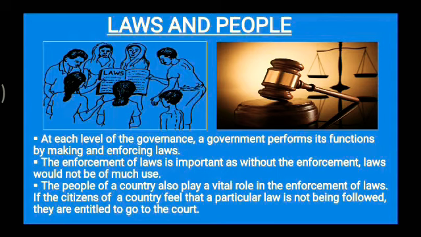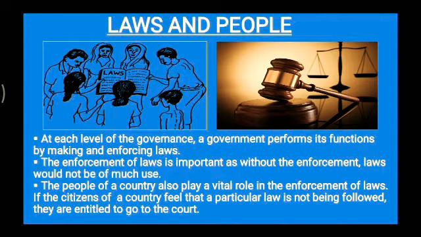As a means to make people obey this law, anybody caught violating the law is penalized. So the enforcement of laws is important. Why? Because without enforcement, these laws wouldn't be of much use. And also the people of a country play a vital role in the enforcement of laws.